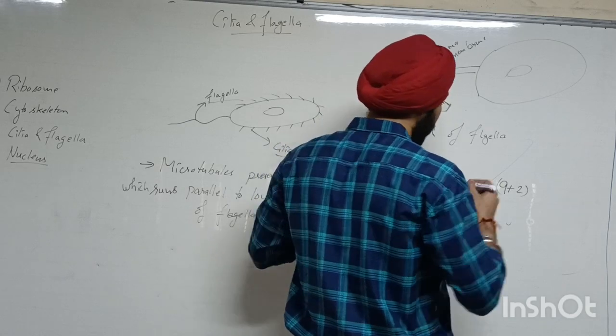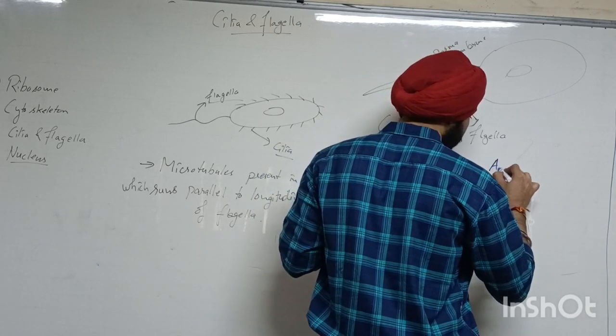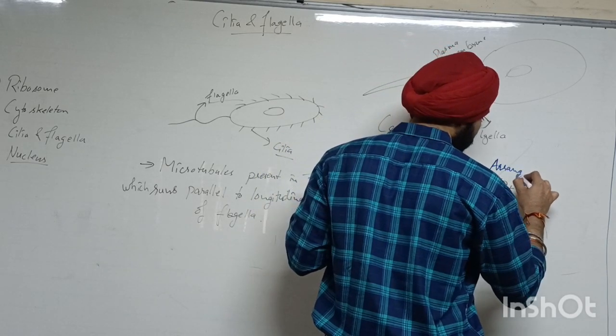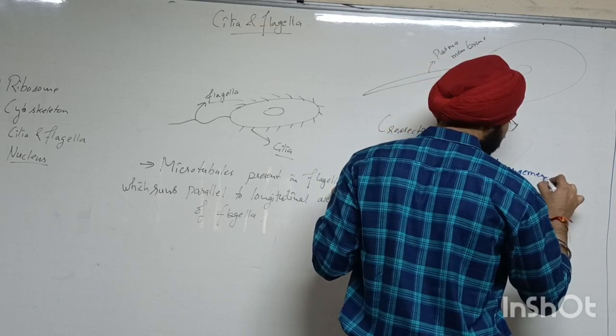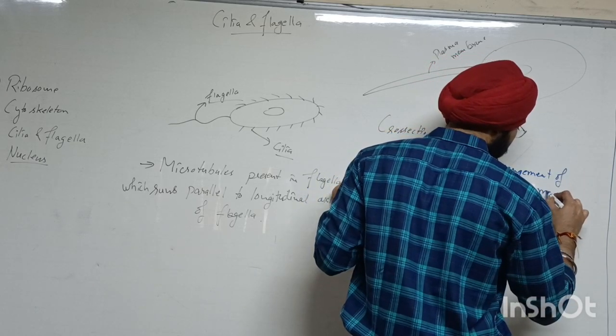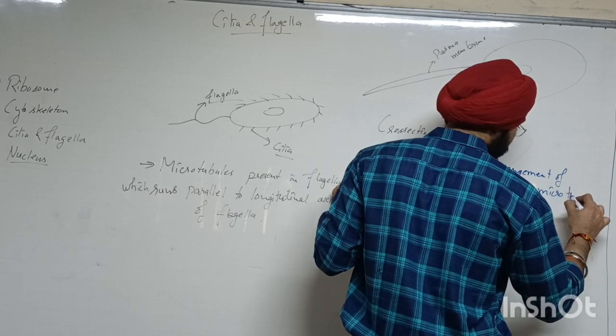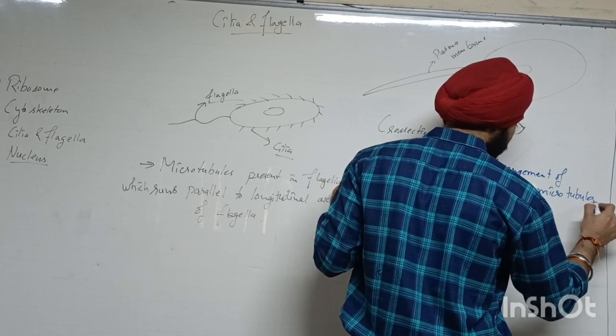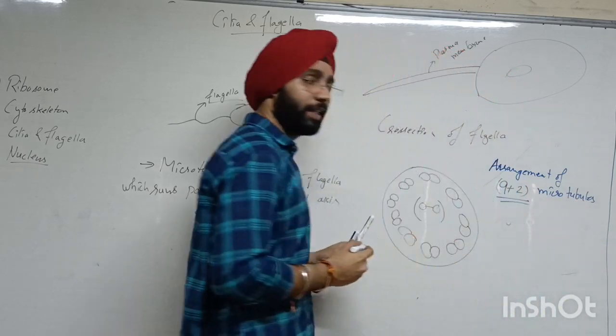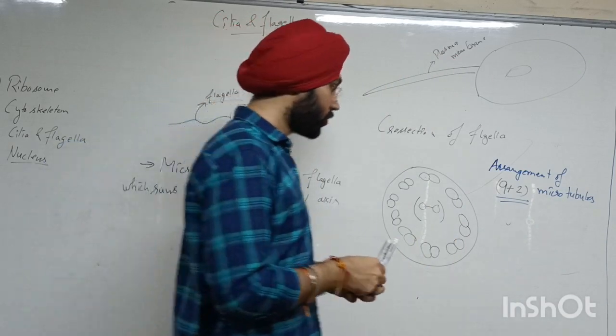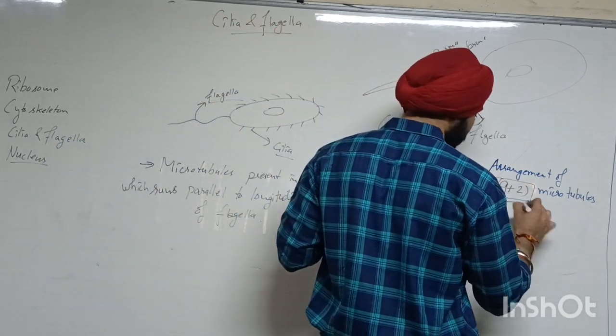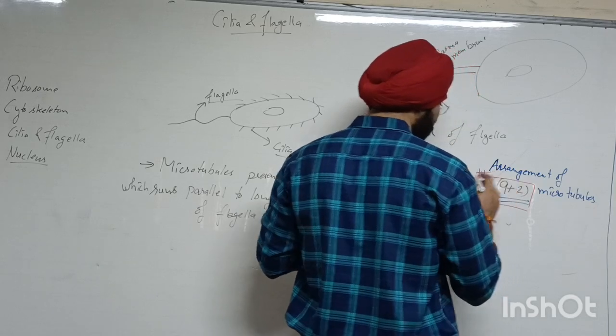So here I need to write: arrangement of microtubules is 9 plus 2. That is also an important question which is frequently asked in NEET, so here I am writing it as important.